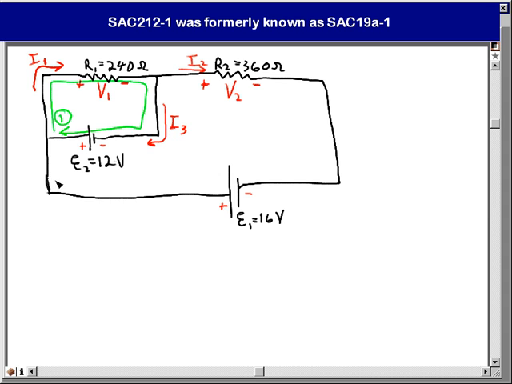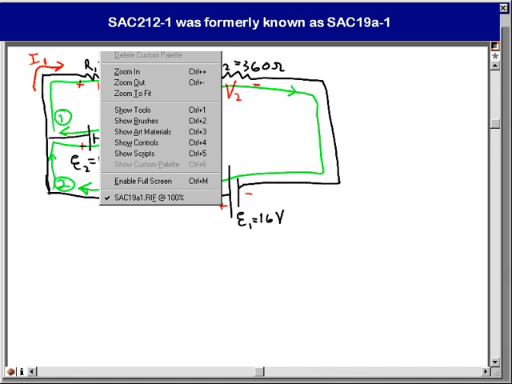And I'm going to start here. Call that loop 2. All the way back. So I'm headed up in that direction. And then I'm ready to start analyzing it.